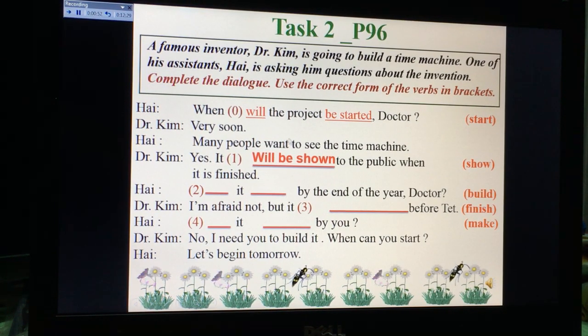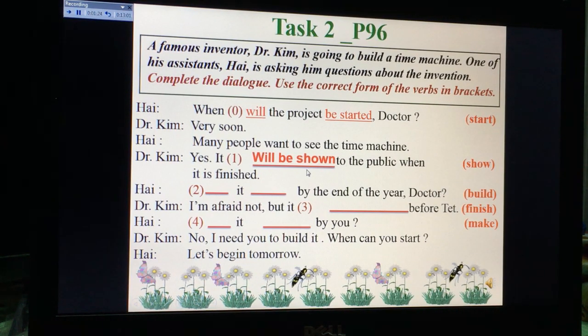We use will before be because the text here is about a famous inventor, Dr. Kim, who is going to. So going to belongs to the future, so we use will in passive form here. Now blank 1, will be shown, because the verb show has V3 shown, or you can use V-ed here.